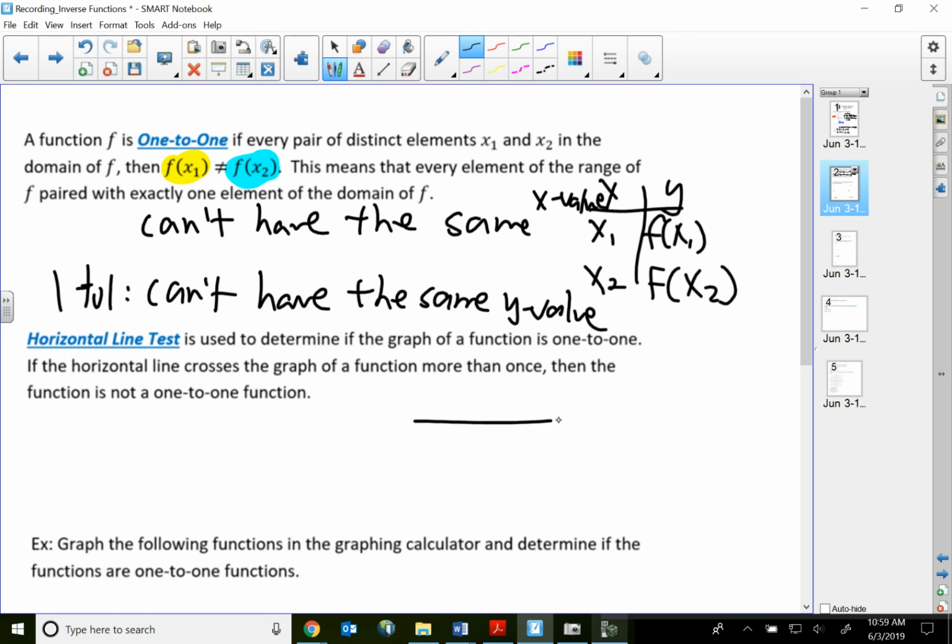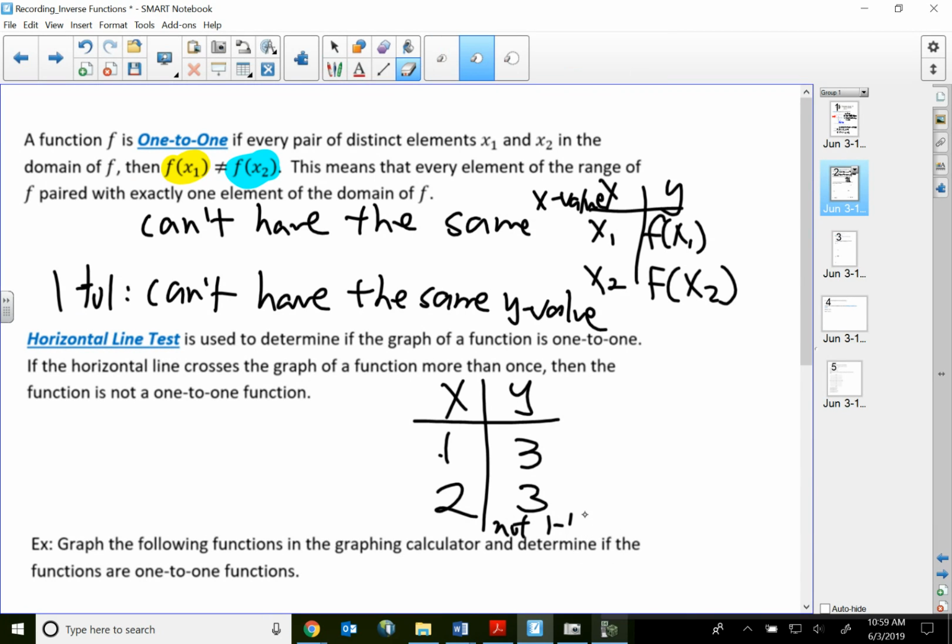Let's think about this. If I have two y values matching up with two distinct x values, then this is actually not one-to-one anymore. If the two x values are distinct, then the two y values have to also be not equal.